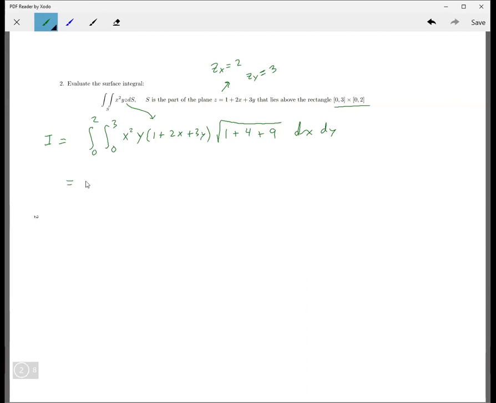So let's pull that all the way out and put it in the timeout box right there. And distribute that in so you have x squared y plus 2x cubed y plus 3x squared y squared dx dy.